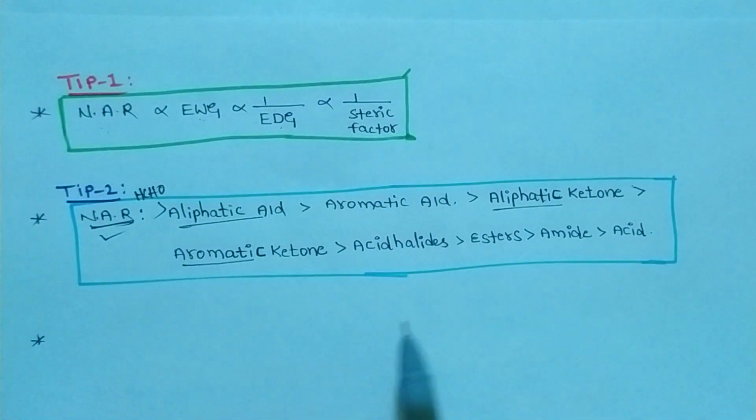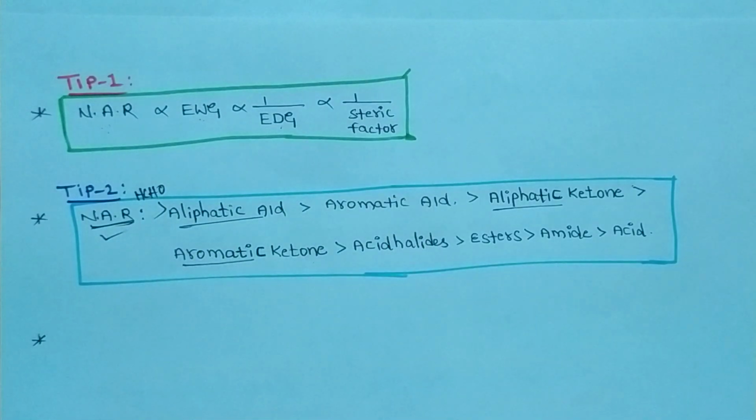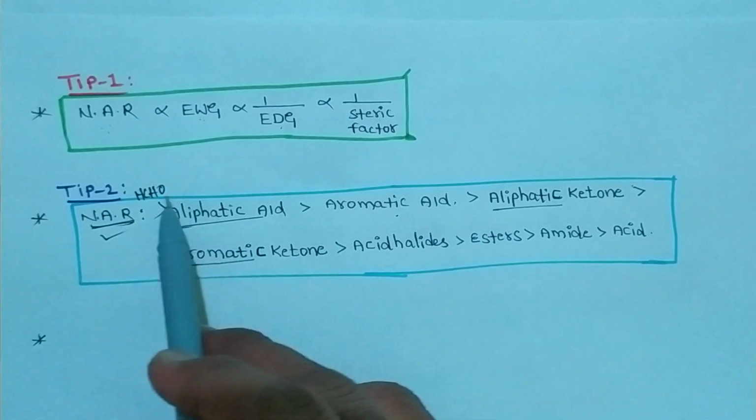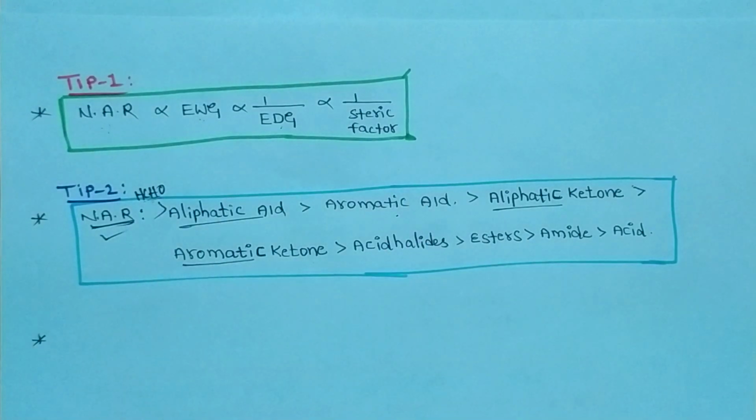Next, another trick for nucleophilic addition reactions. Aliphatic aldehydes are more reactive than aromatic aldehydes. In aliphatic aldehydes, formaldehyde is more reactive because of less steric hindrance, no electronic effects, less positive center, and less plus I effect.